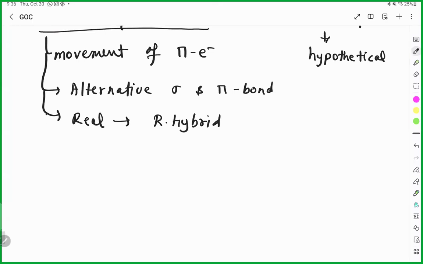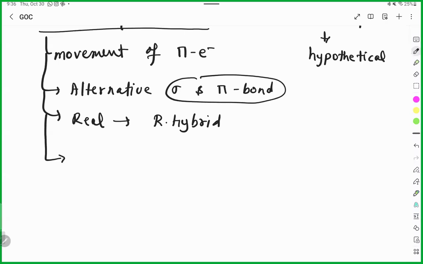Yes. When I said there is continuous movement of pi electrons, delocalization of pi electrons, you will see that it is not only alternate sigma and pi bonds.